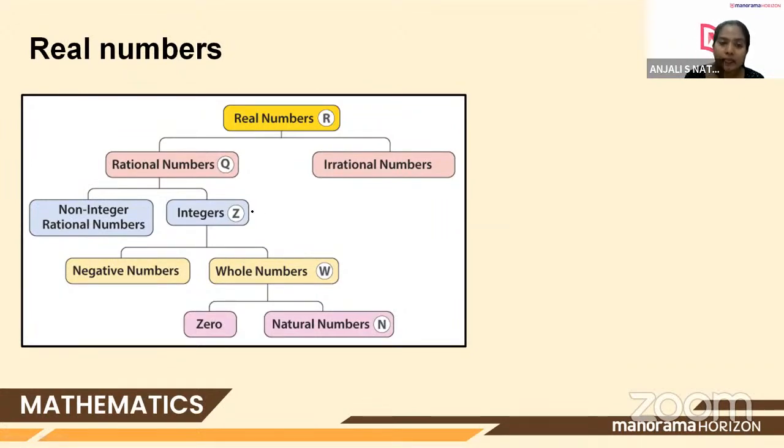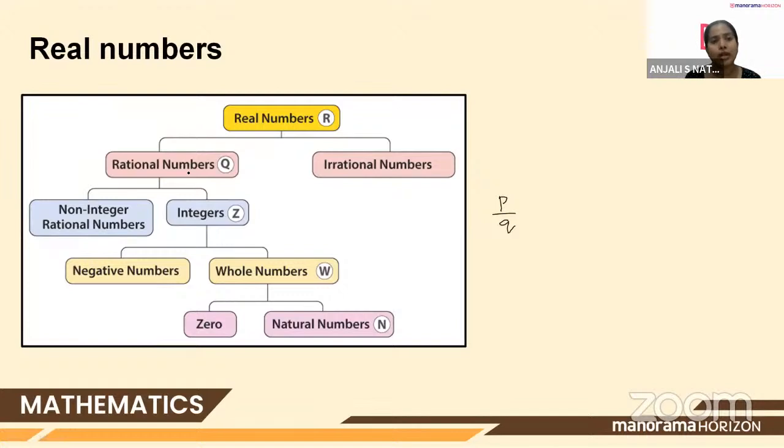And if we represent these integers in p by q form. What is p by q form? That is a fraction, right? So if we represent these integers as a fraction or in p by q form, we can call them rational numbers. Okay, so what are irrational numbers?